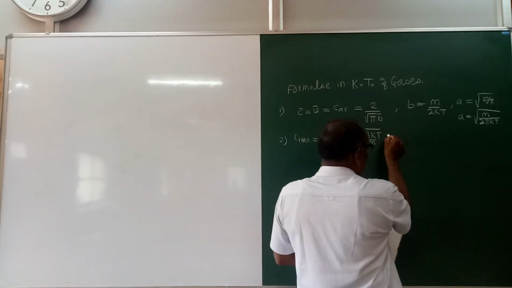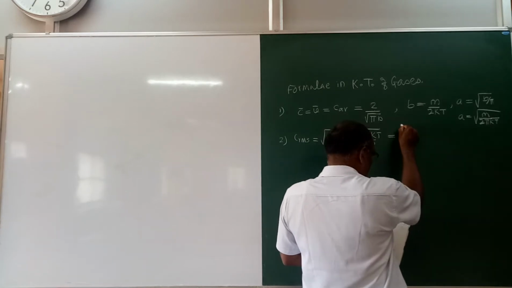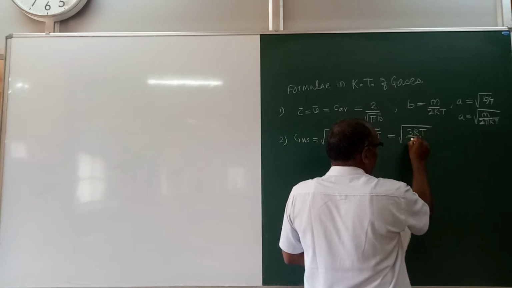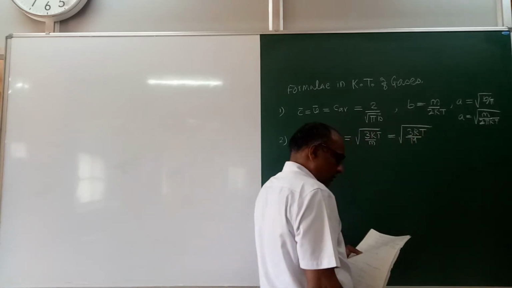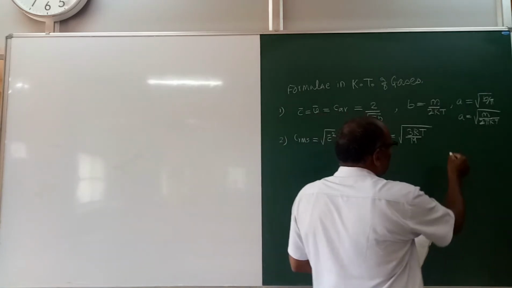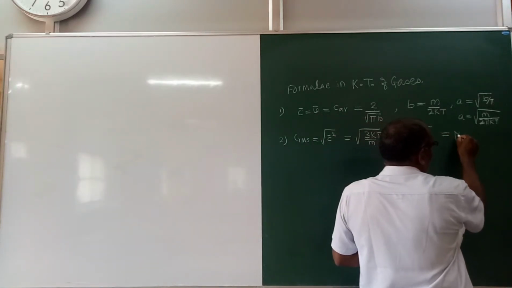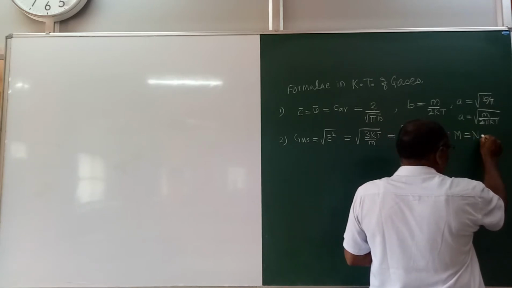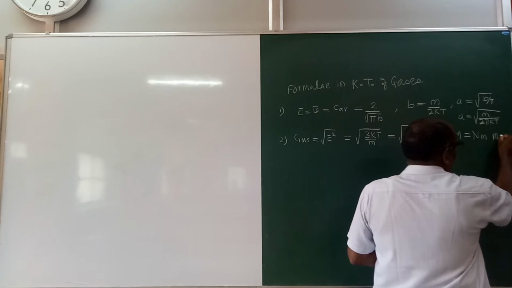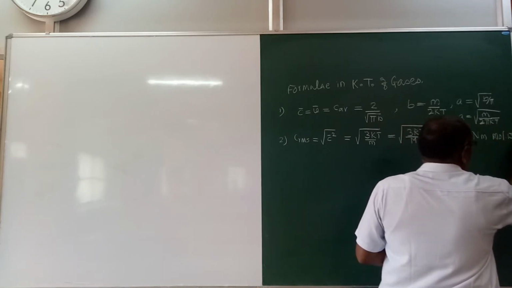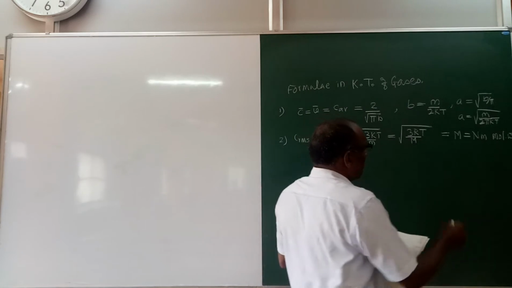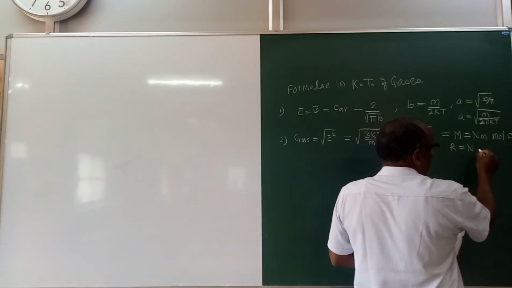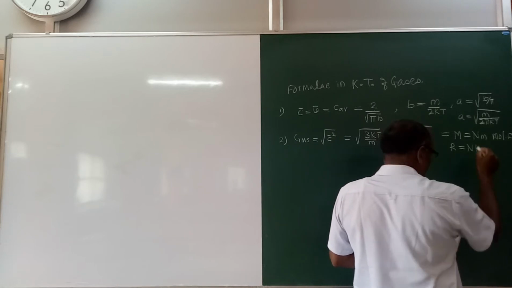This can be written in terms of RT as square root of 3RT upon capital M, where capital M is equal to N, the Avogadro number, into mass, called the molecular weight of a gas. R is equal to N into k, where N is the Avogadro number and k the Boltzmann constant.